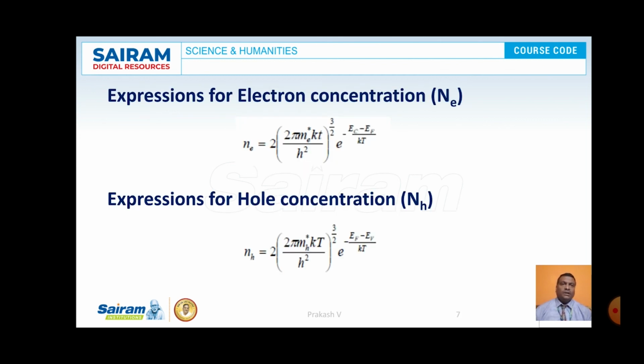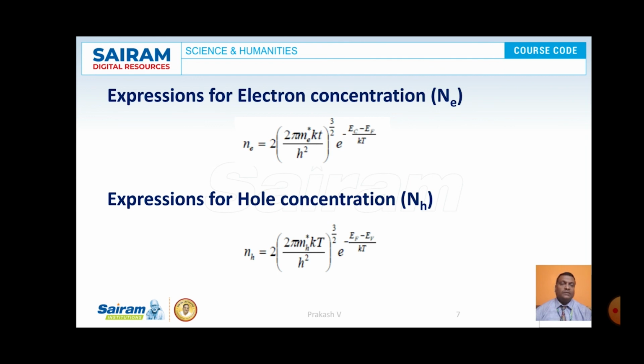Now we have an expression for electron concentration, Ne. Electron concentration means the number of free electrons per unit volume of the material, given by Ne = 2(2π me* kT/h²)^(3/2)·e^(-(Ec-Ef)/kT), where Ec is the energy of the electron in the conduction band, Ef is the Fermi energy, k is the Boltzmann constant, and T is the temperature.